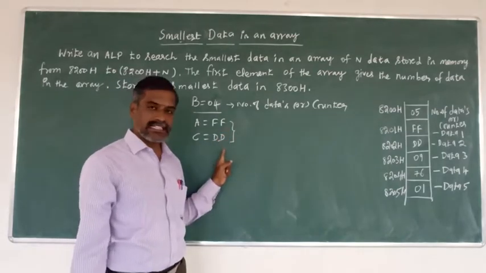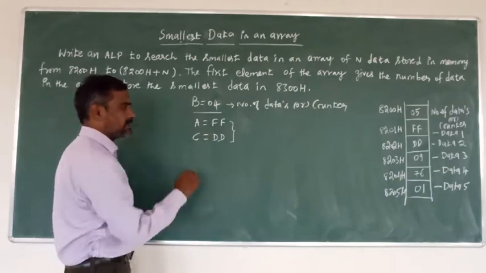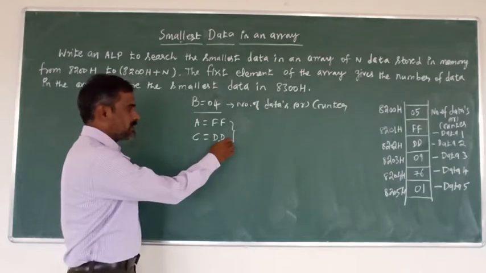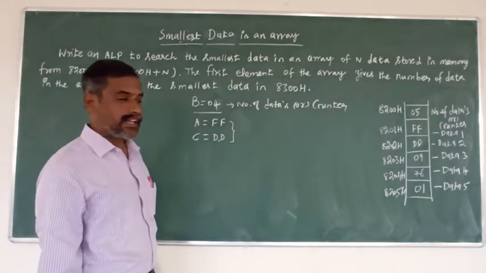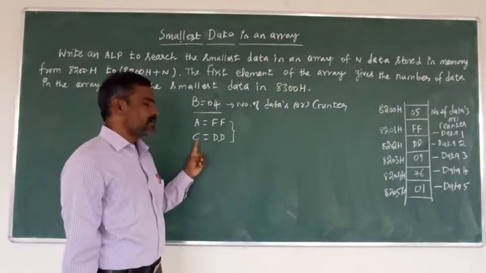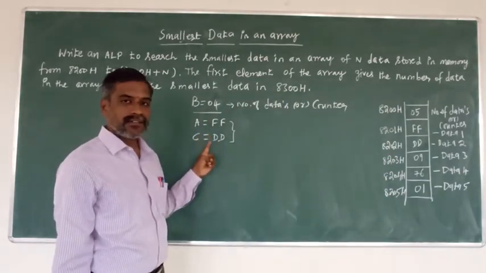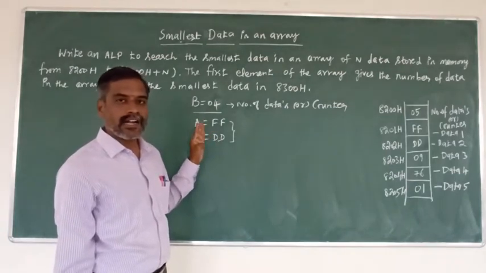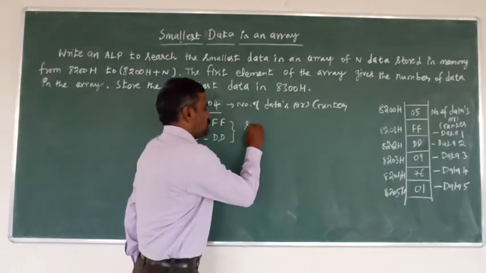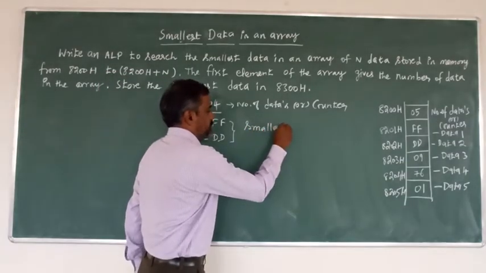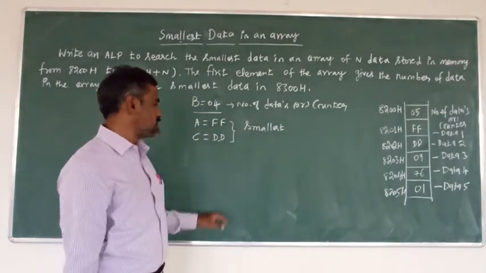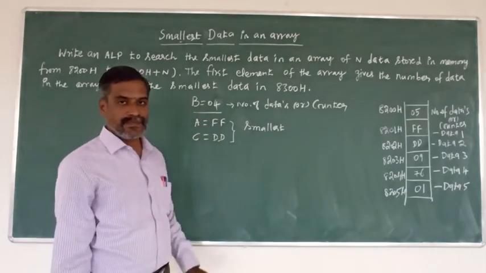Now check the carry status. If there is a carry, directly decrement the number of data, and the next data moves to C register and compare. When the accumulated data is already low, that is the smallest data. If the carry flag is reset, the accumulated data is large.